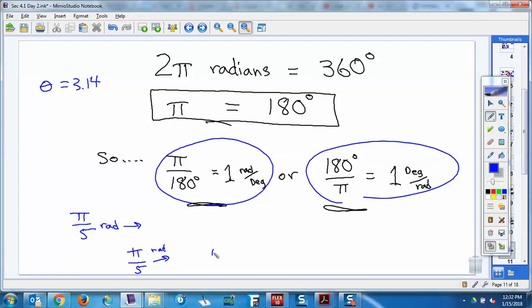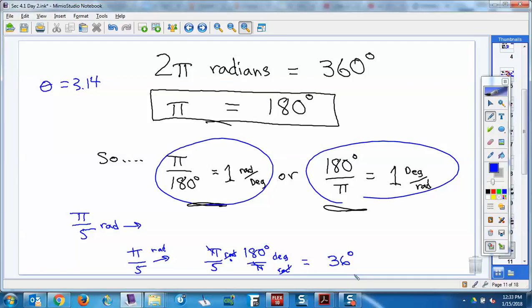So if we take pi fifths times 180 degrees over pi, what we're doing is this is degrees per radian, and so radians would cancel, and you're left with degrees. The pi's would cancel. It ends up being 180 divided by 5, which is what, about 36 degrees? So pi fifths radians would be 36 degrees.